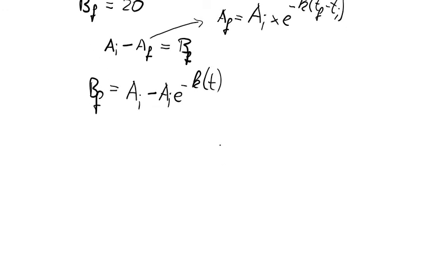And what I can do now, obviously, is I can factor out A initial, and I can say B final equals A initial times, what?